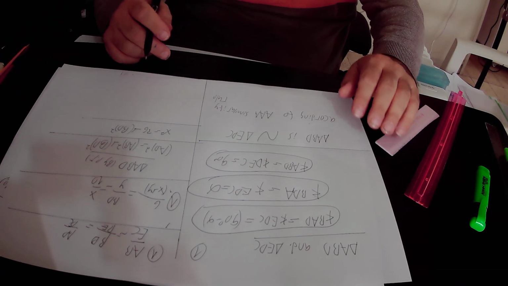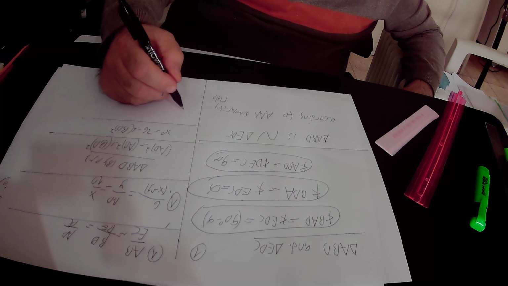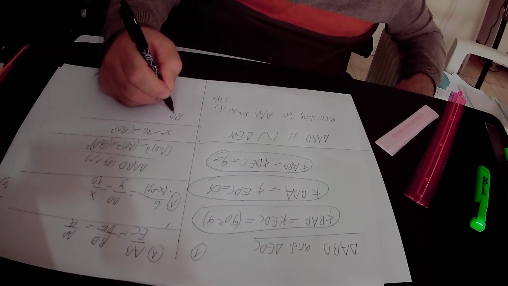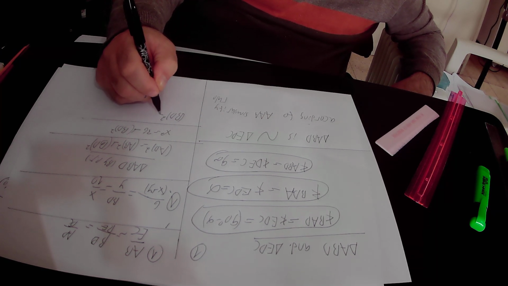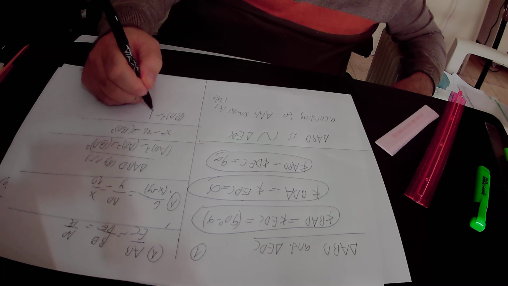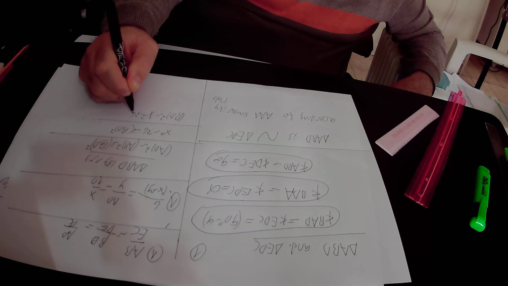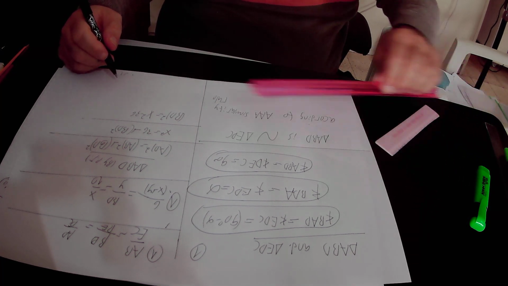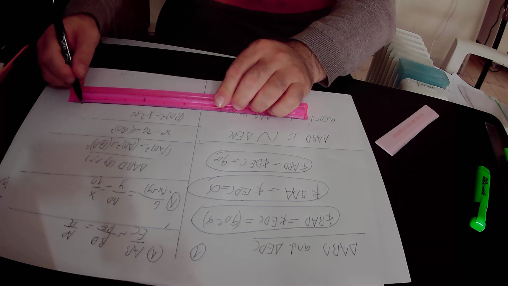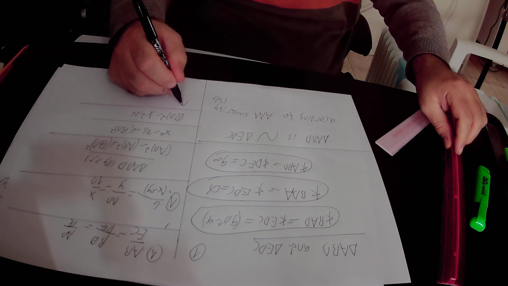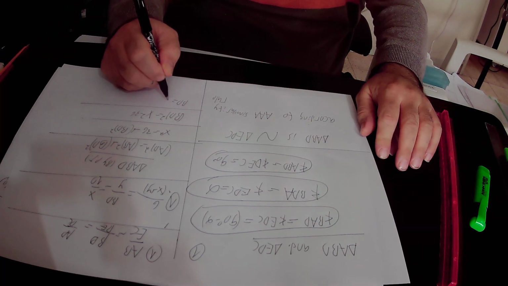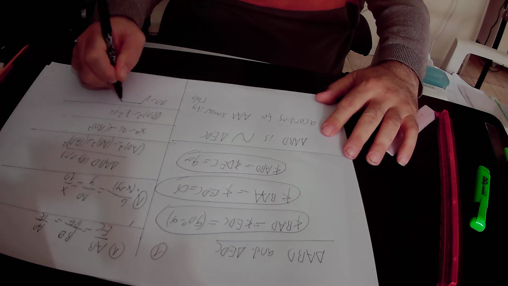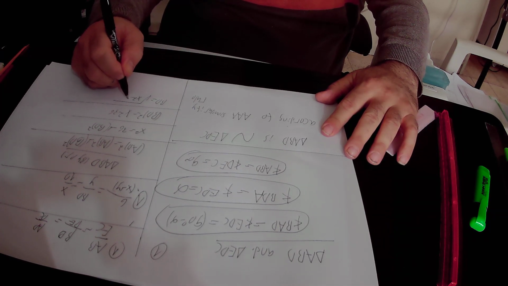So here we subtract 36 from this equation, and we get that BD square is equal to x squared minus 36. We take the root of this equation, and we get that BD is equal to the square root of x squared minus 36.